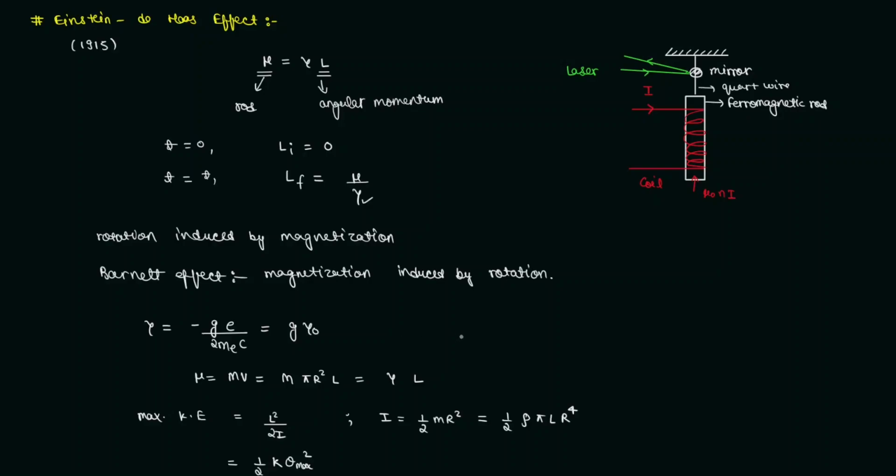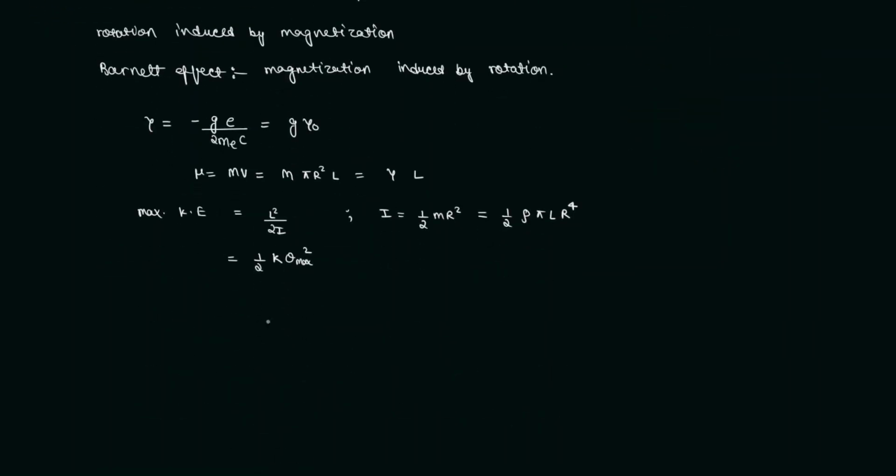So if you equate these two energies, then you will get the formula for the g factor as g equal to m divided by gamma naught, times the square root of 2 pi L divided by k rho, times 180 divided by pi times theta max, where theta max is expressed in degrees and is the maximum deflection of the reflected laser beam.